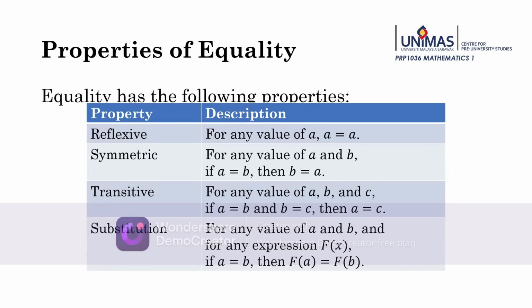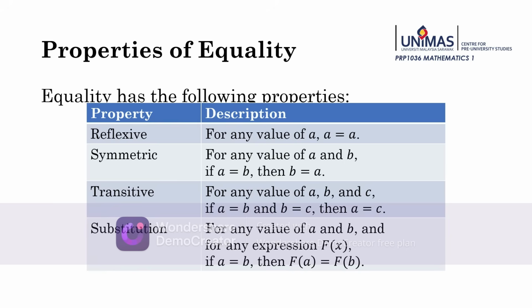We learn a little bit about the properties of equality. Reflexive: we have a value a equal to a. Symmetry: we can change the position from left hand side to right hand side, and the equation is still the same. For example, a equal to b, b equal to a.